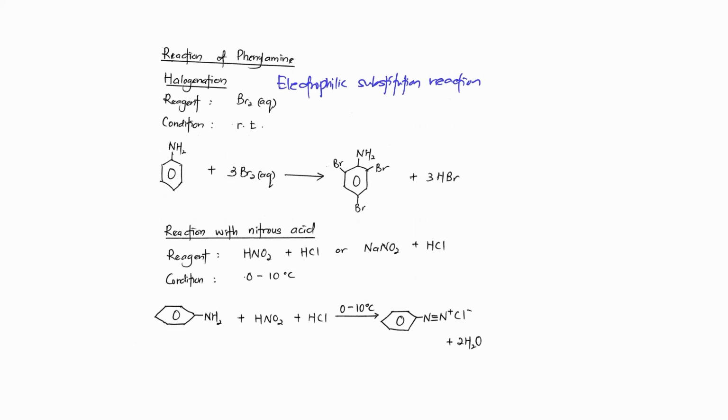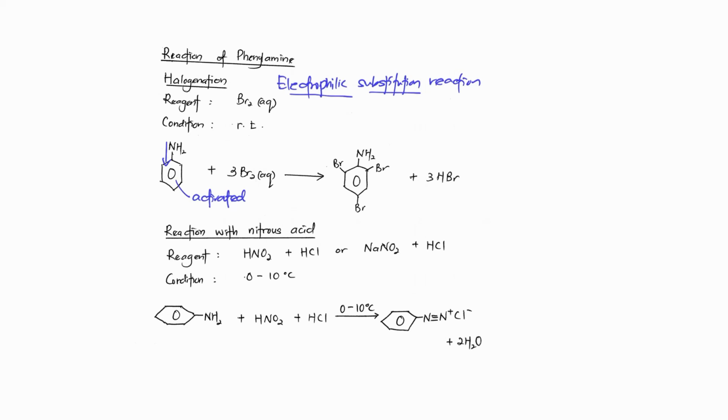NH2 is electron donating, so it donates electrons to the benzene ring. It would activate the ring in electrophilic substitution reaction. Therefore, this reaction doesn't require a catalyst. The reagent is just Br2 aqueous at room temperature.